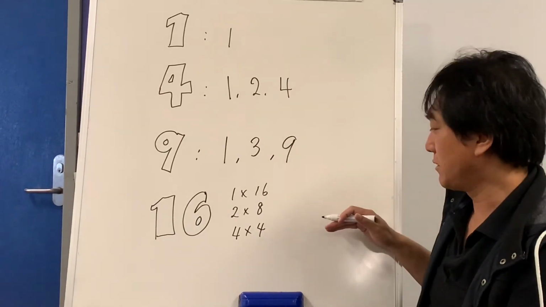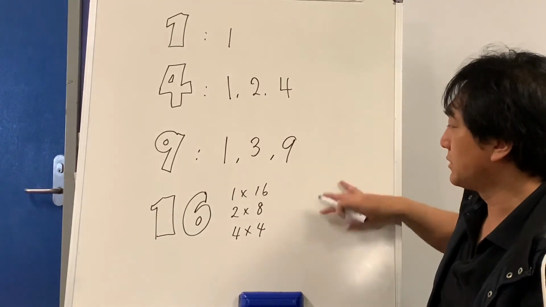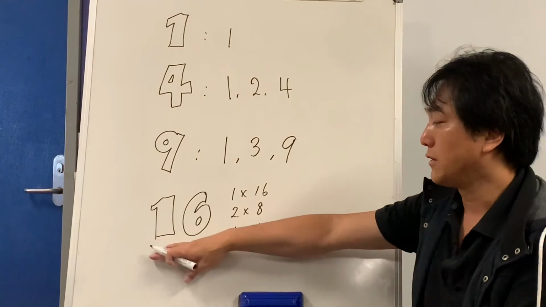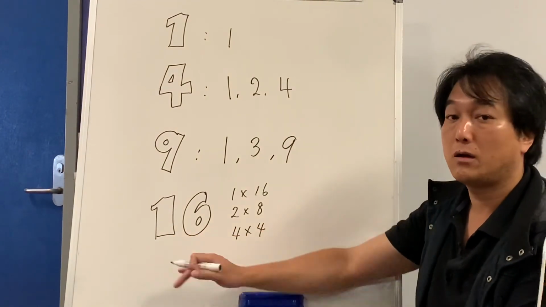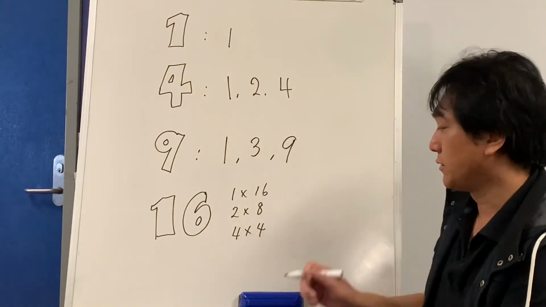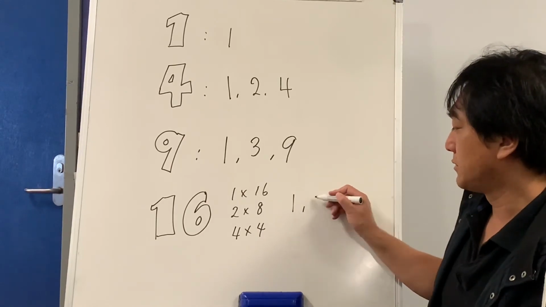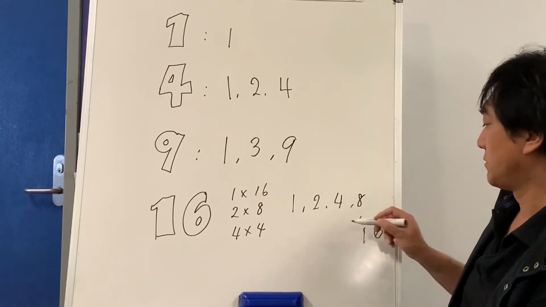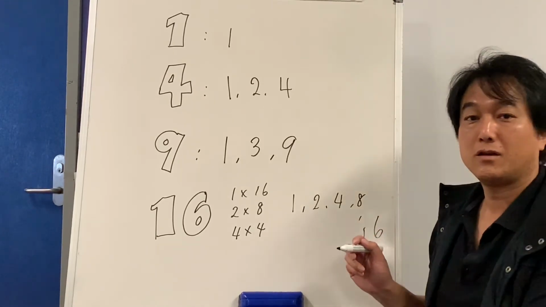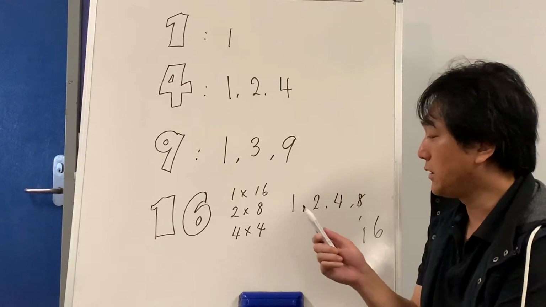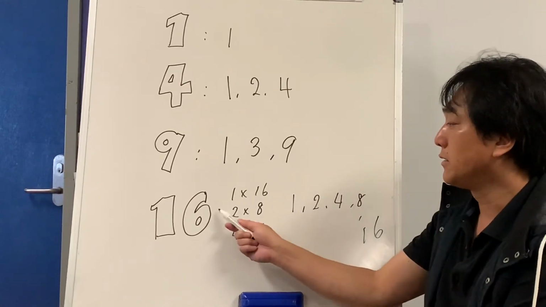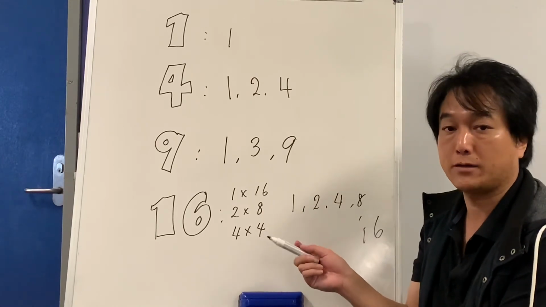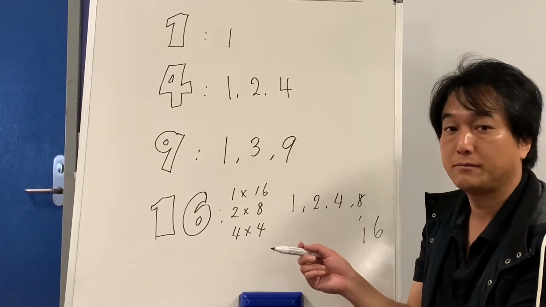What part of these numbers or what part of the operation is going to give the number, for example, 16, an odd amount of factors? 5 factors. So I'm going to pause the video. Let's give me your opinion. Why do these numbers have an odd amount of factors? Not even. Let's pause the video.